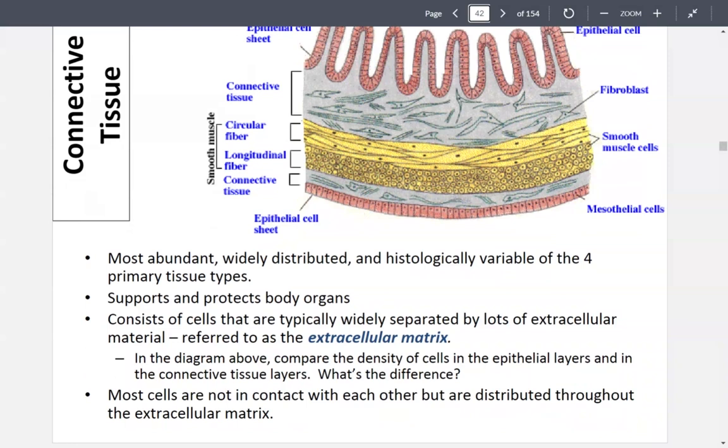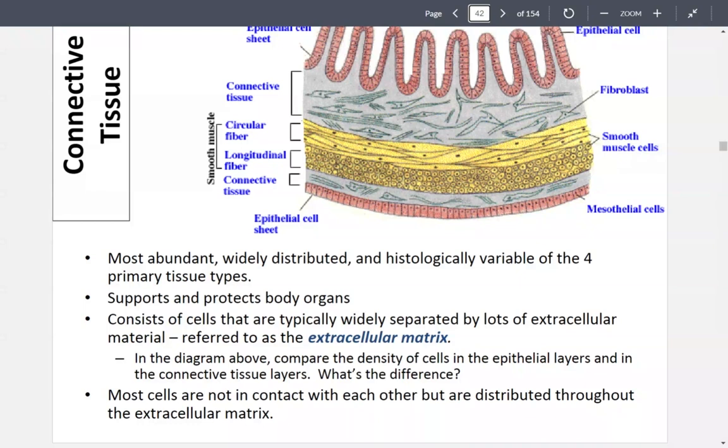The cells that are going to be involved here aren't easily classified like the epithelial ones are, where it's simple or stratified, squamous, cuboidal, or columnar. Here we're going to be looking at different types of fibers that are embedded in what we call an extracellular matrix.